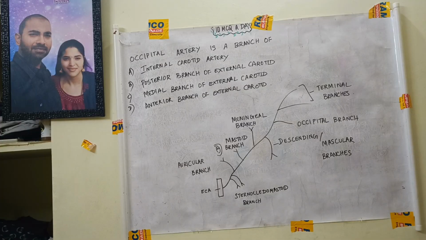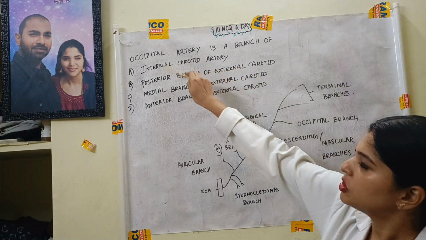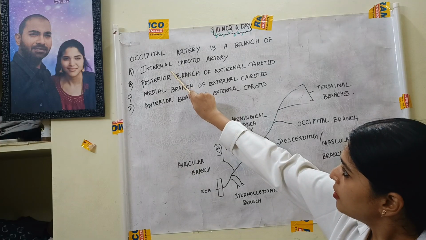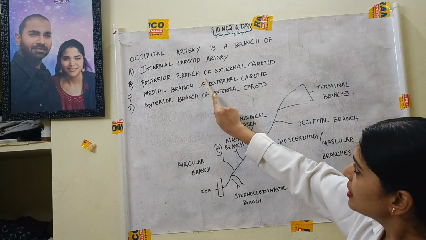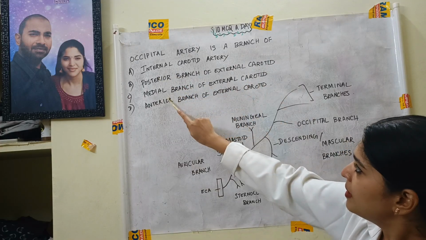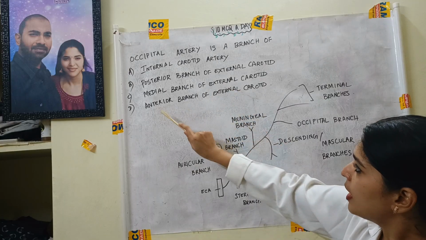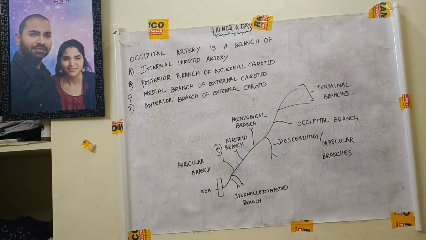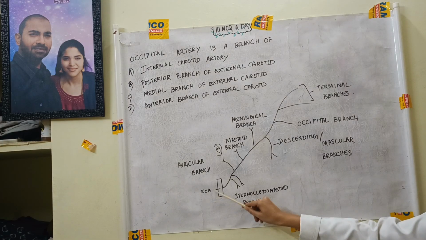Next MCQ. The occipital artery is a branch of external carotid artery: posterior branches, medial branches, or anterior branches of external carotid artery. This is the diagrammatic representation. This is the external carotid artery.